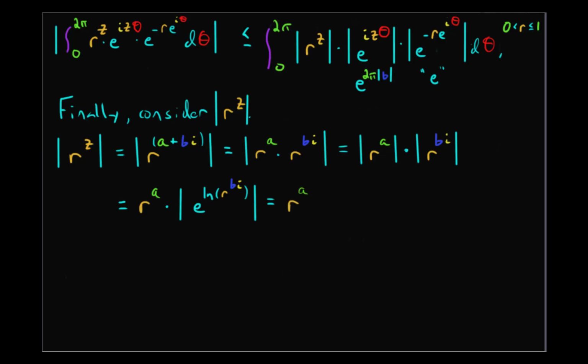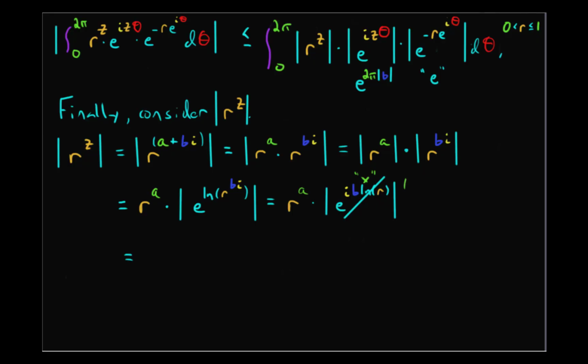Because with that change, by the laws of exponents, we have that this expression equals r to the a times the modulus of e to the ib log r. I just bring that exponent down there. And so again, b log r is just some real number that I can relabel x, and we see once again we have in disguised form the modulus of e to the ix, which always equals 1.